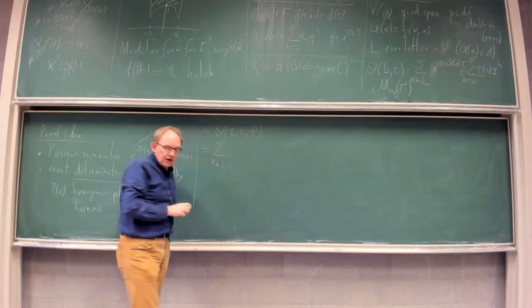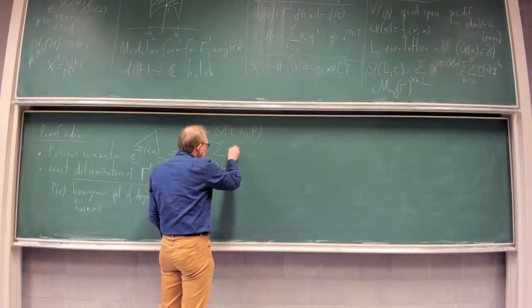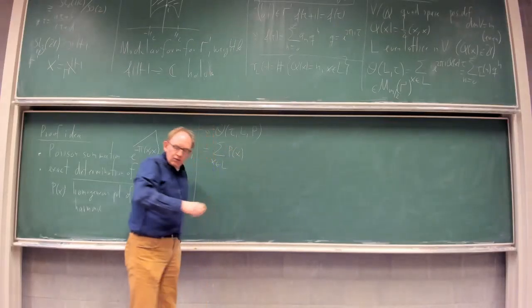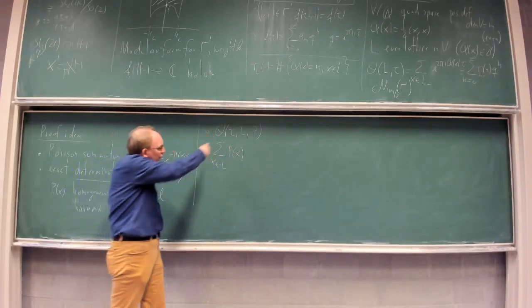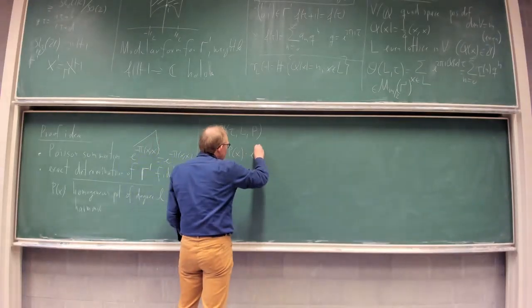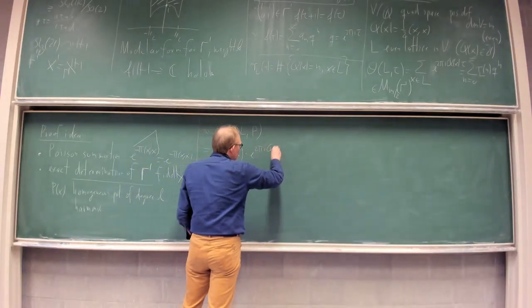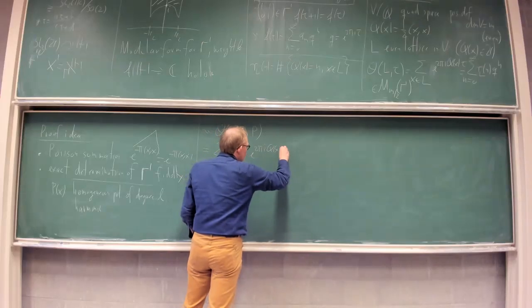I sum over the lattice. I now weight the lattice vectors by the values of the polynomial, but then otherwise do the same thing.